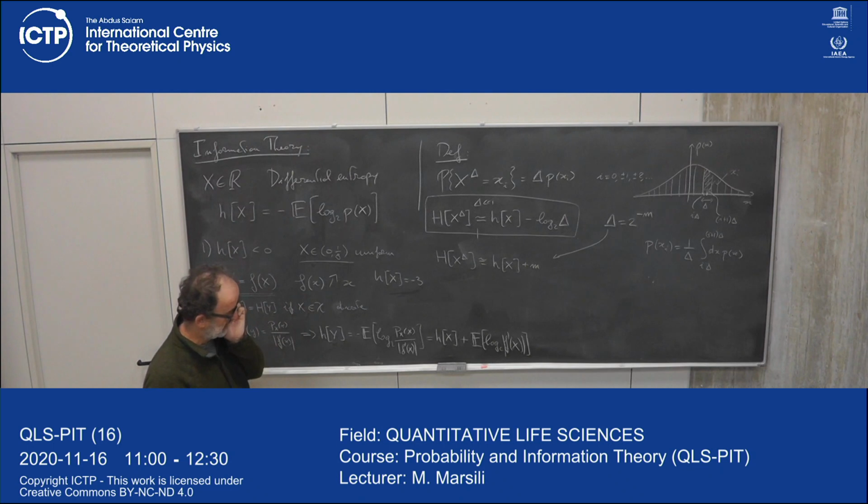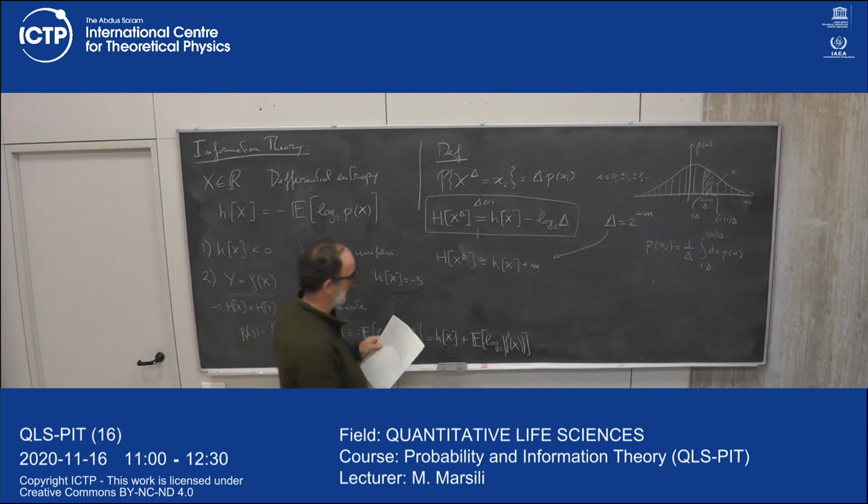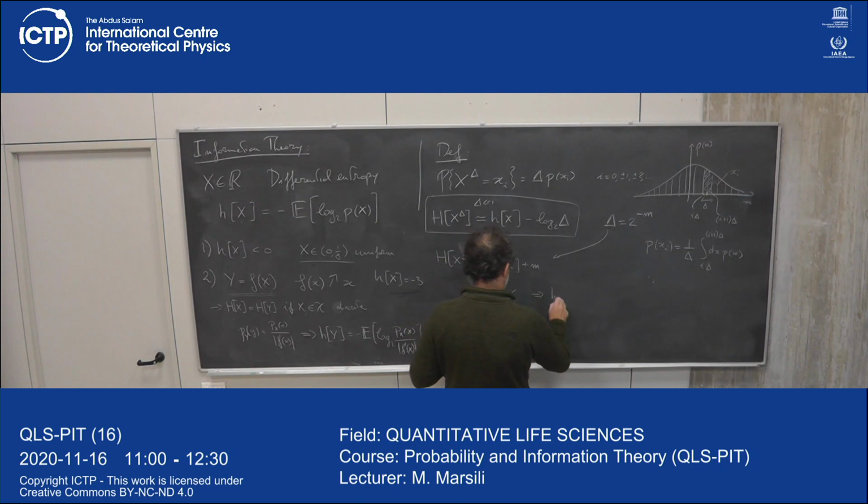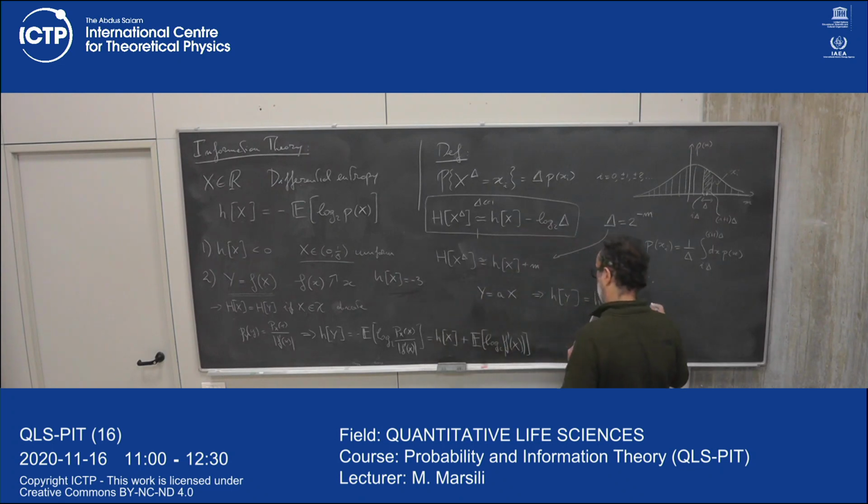So indeed, say if you have that y is equal to a times x, then you will have that h of y is equal to h of x plus log base 2 of a.